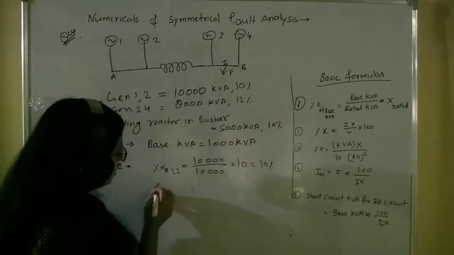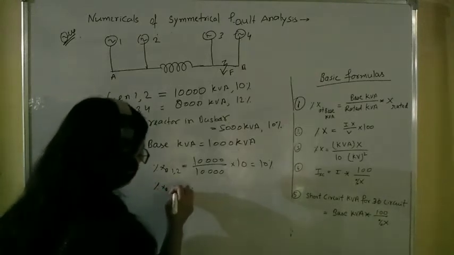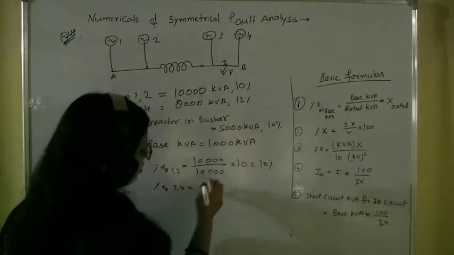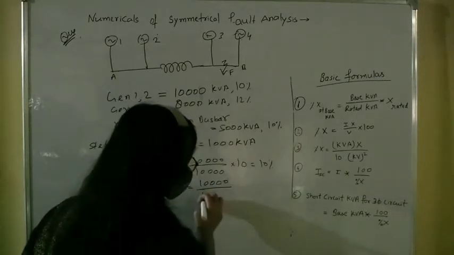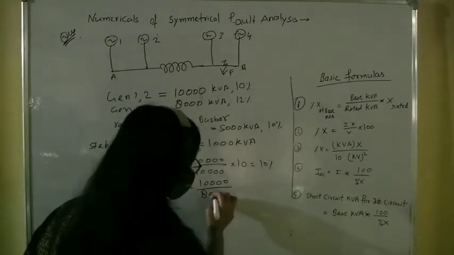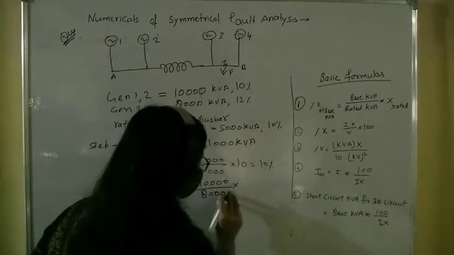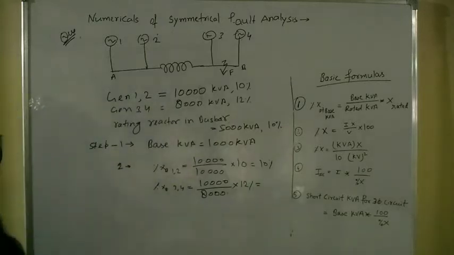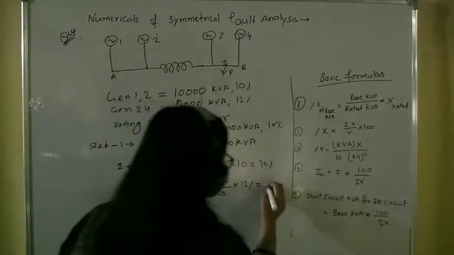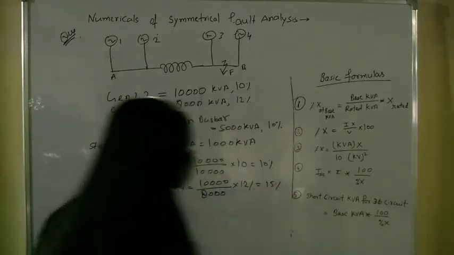Now for generator number 3 and 4, it will be 10,000 divided by 8,000 into 12%. What will we get here? It will be 15%.